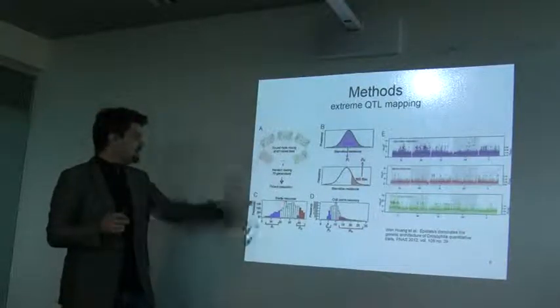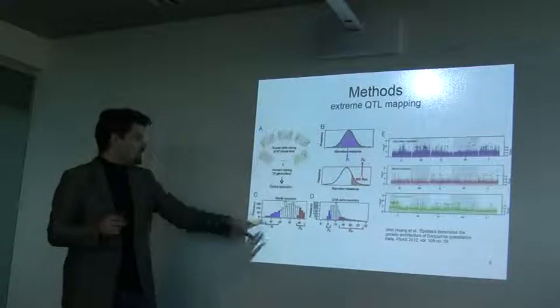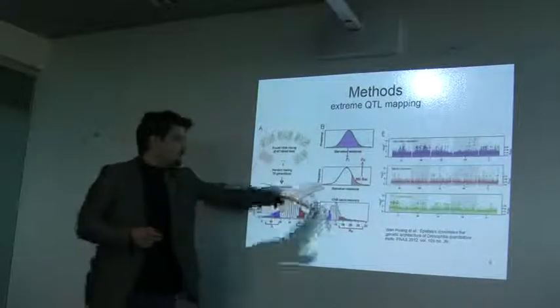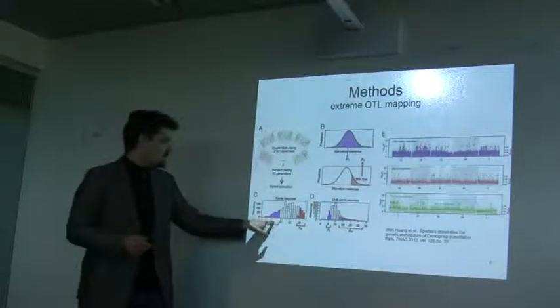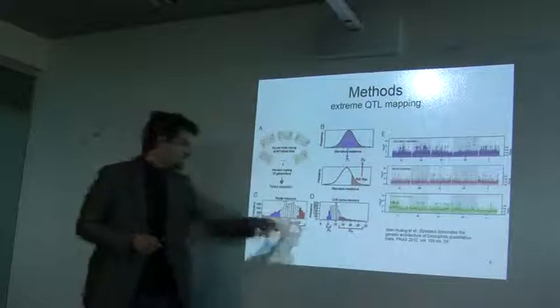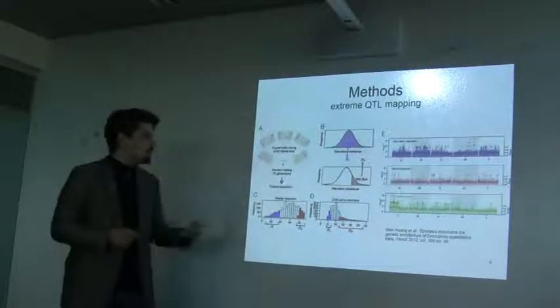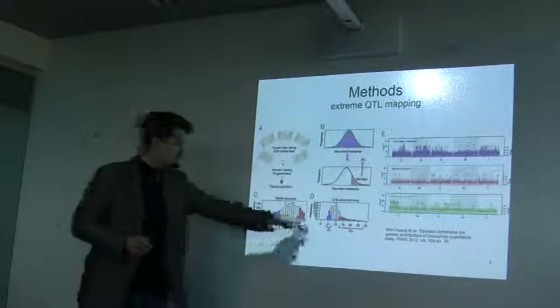And then they took these flies, phenotyped them for these 3 traits, and then took the 15% from the lower and from the upper tail of the distribution, and then they resequenced those 2 pools.